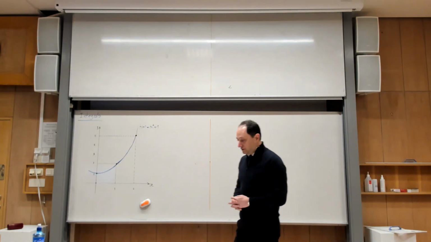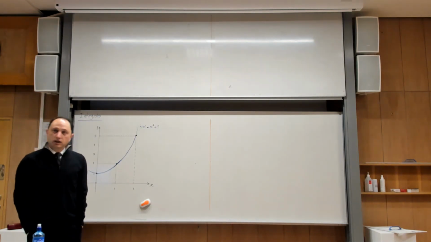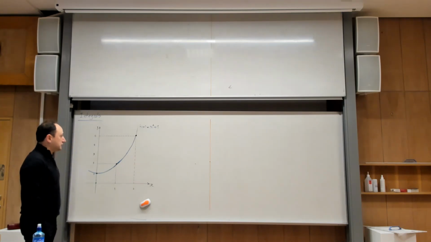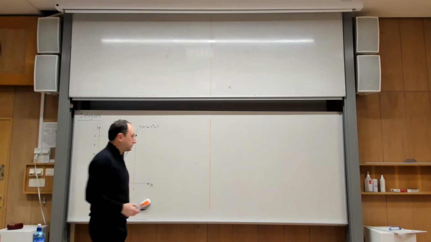So far, if you remember, we talked about the notion of the derivative. We learned that a particular type of limit is important, and we call that the derivative.